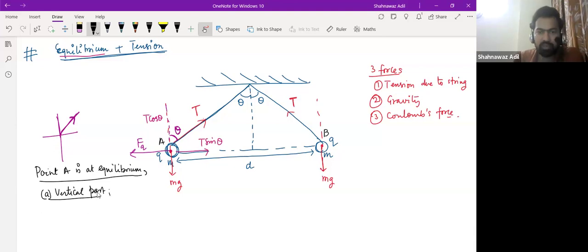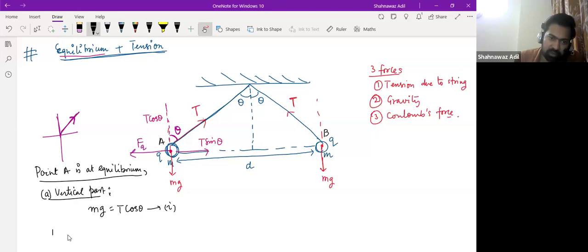Vertical part, what is the vertical part? mg is T cos theta. Clear? Yes, sir. And then you have the horizontal part. They would balance each other, right? So what is the horizontal part?